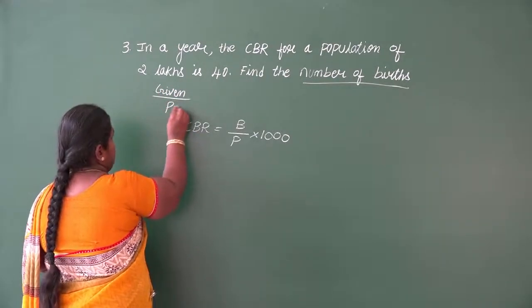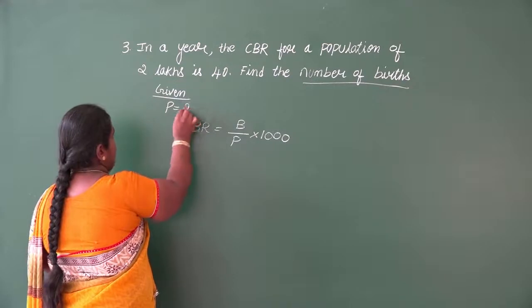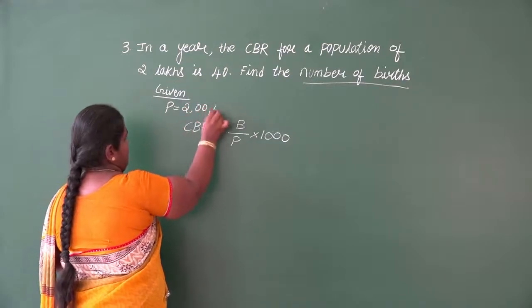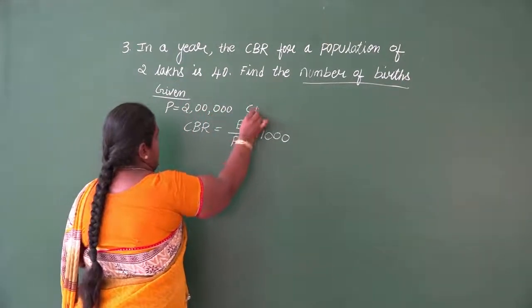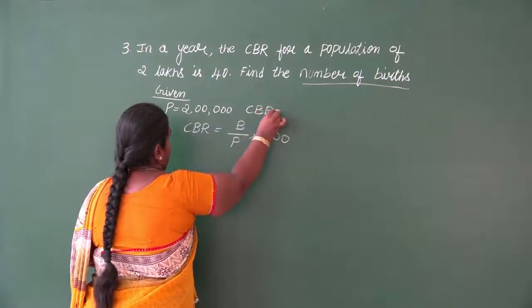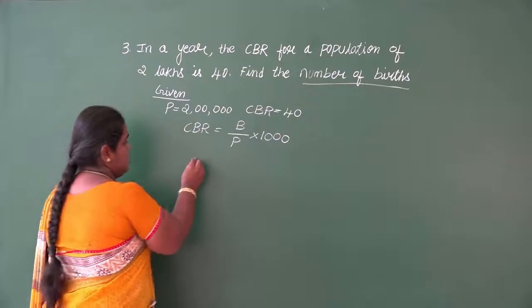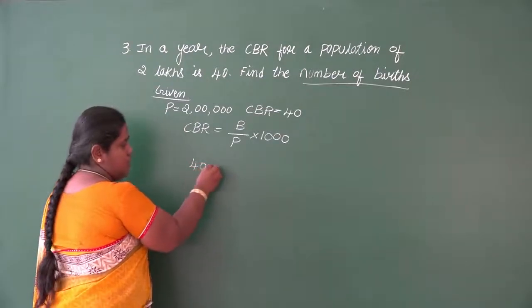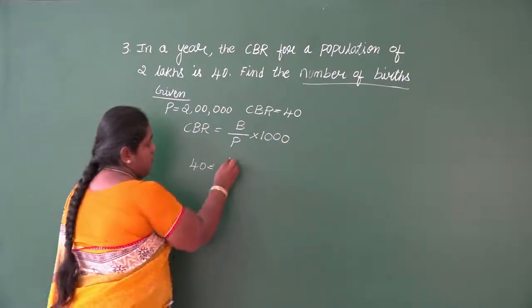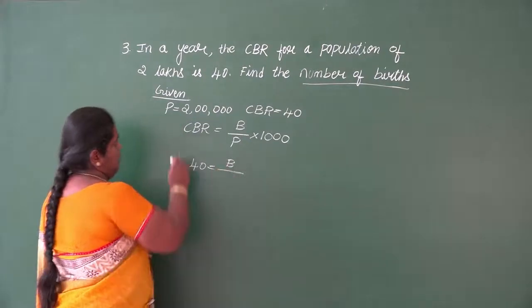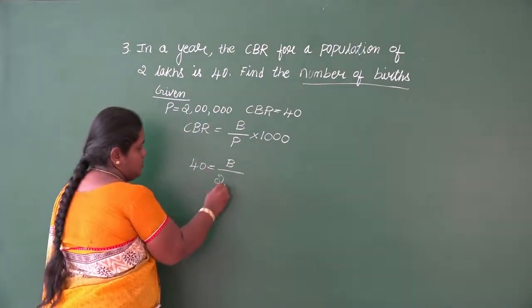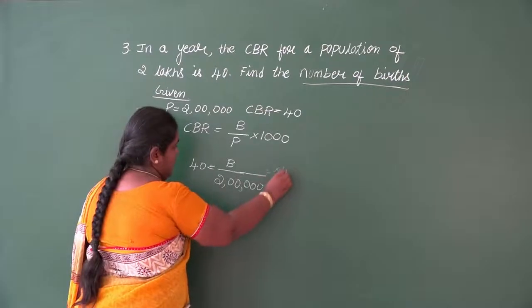The population value is 2 lakh and the CBR value is 40. Now substitute: in place of CBR it is 40, B as it is, divided by population value 2 lakh into 1000.